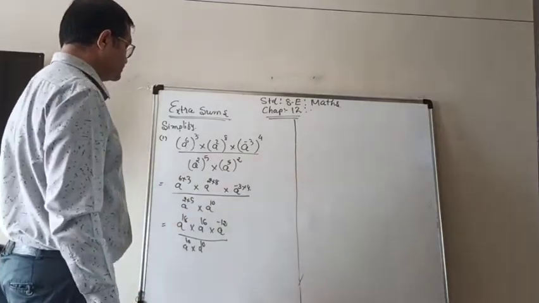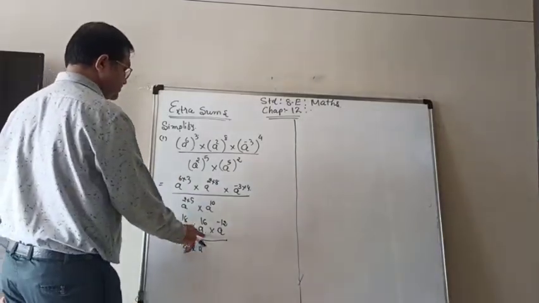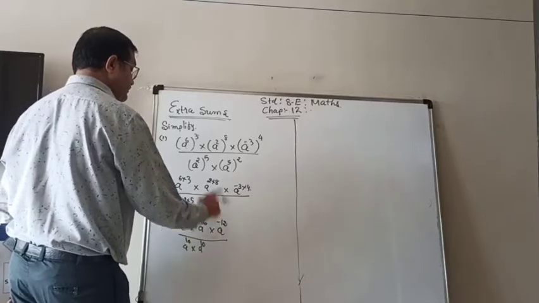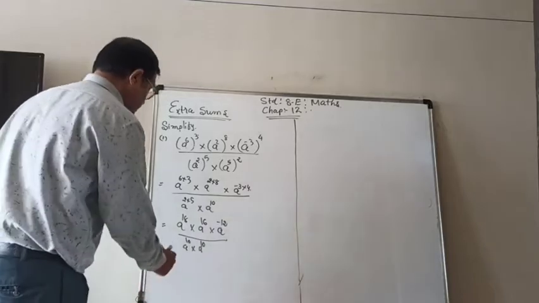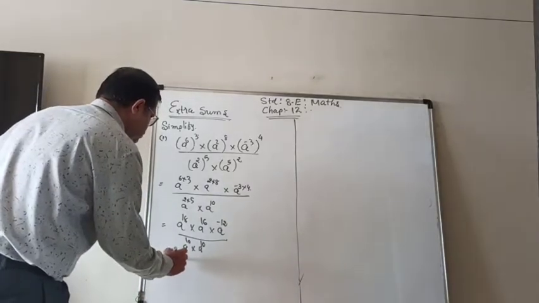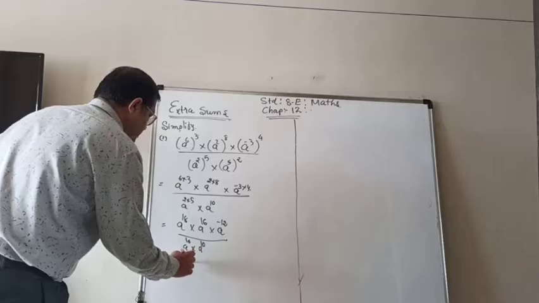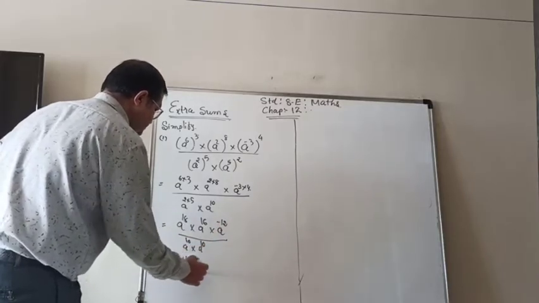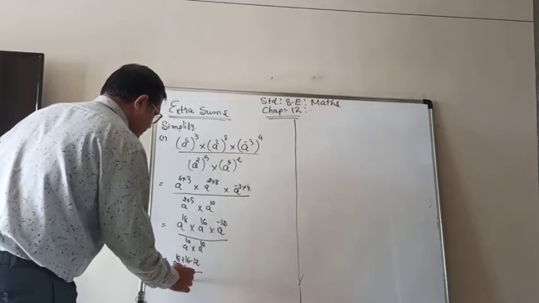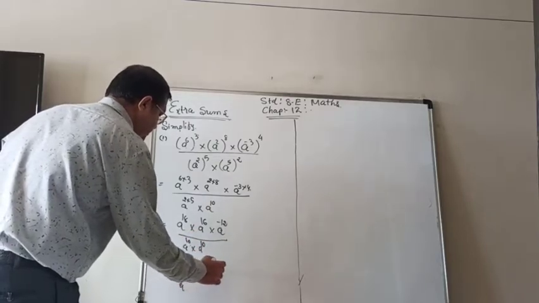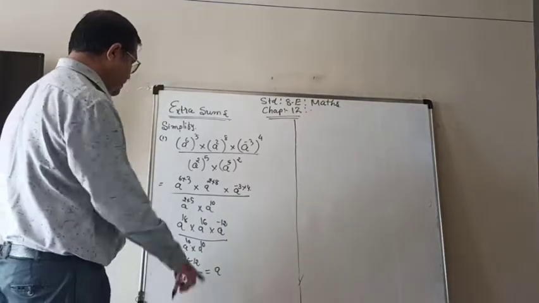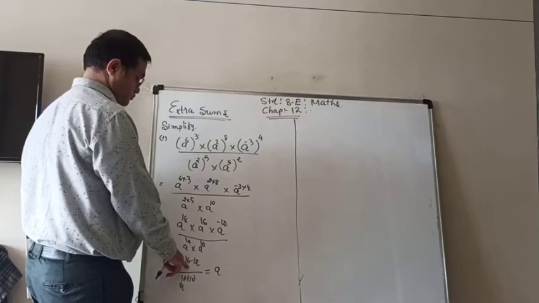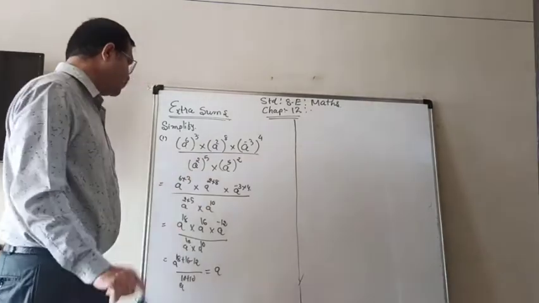Now we know that when there is the same base, with multiplication we add the powers. It means a raised to 18 plus 16 minus 12. Similarly down also, a raised to 10 plus 10. So now 18 plus 16, but 16 minus 12 is 4.